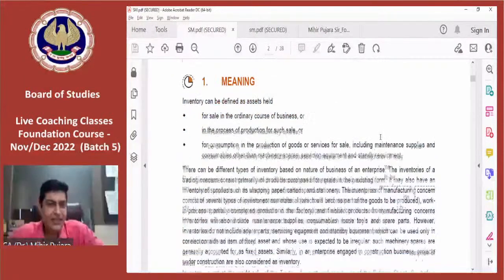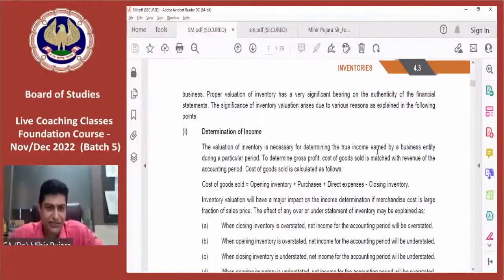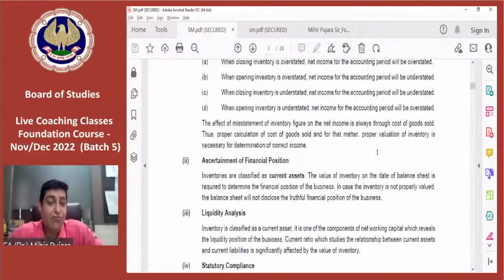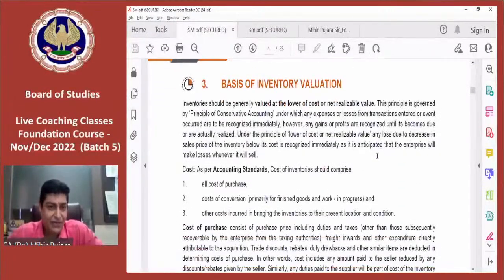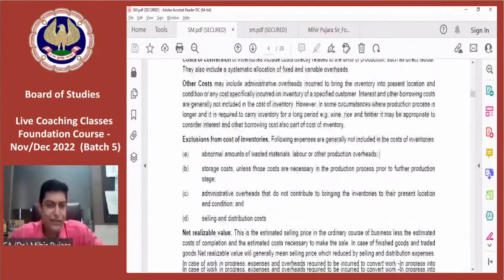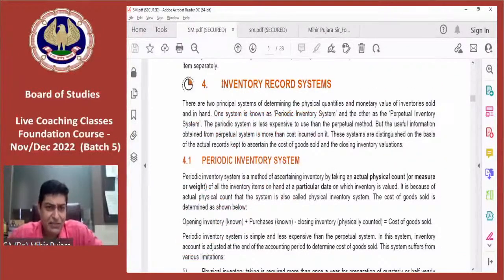Now, friend, what is inventory valuation, guys? Okay, how we are finding out our closing stock. Basically, there are two types of record system. Guys, which page I am not reading, you should not read, don't worry.